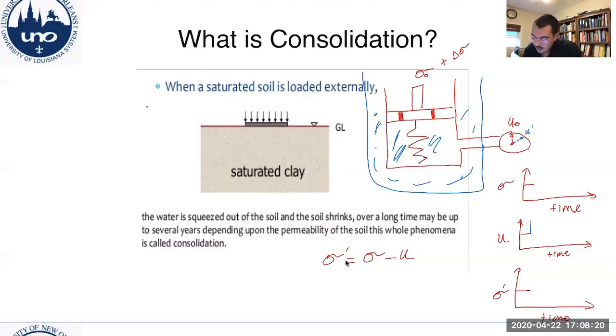Now, what's going to happen to the effective stress here? It's going to stay the same. Now, once we open the valves, and think of this valve like clay's permeability, like water can squeeze out tiny bit by tiny bit, and we saw that from the permeability lab.